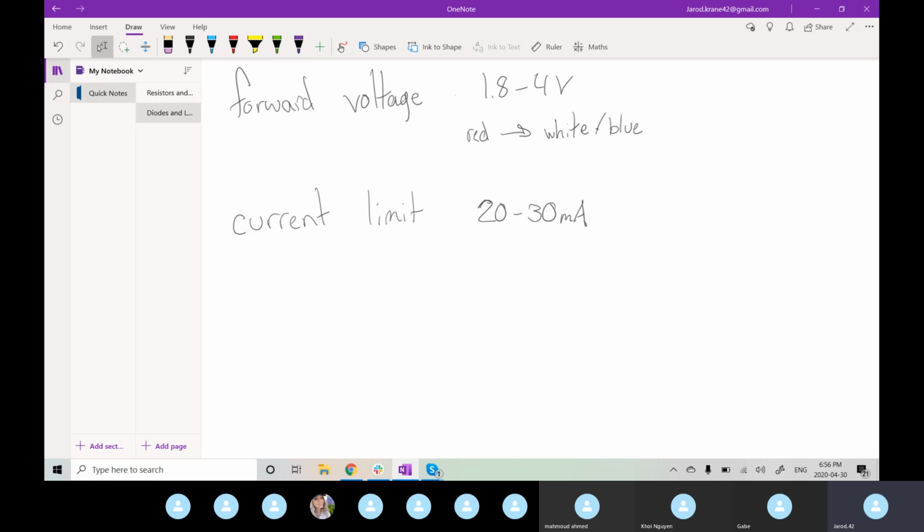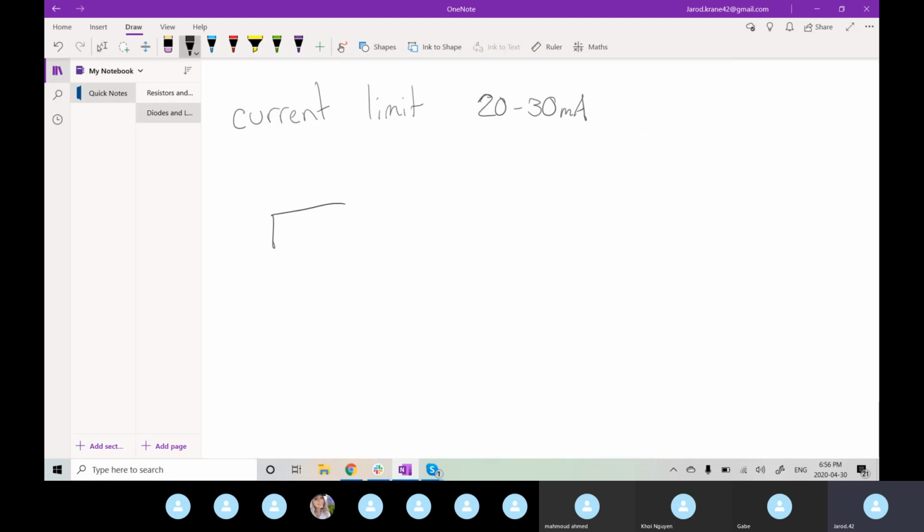Otherwise, if you were just to apply some voltage to your LED, even though maybe this is only 1.4 volts and this only takes 1.2 volts to turn on, because you have no current limiting, you'll just fry the LED and you'll toast it.